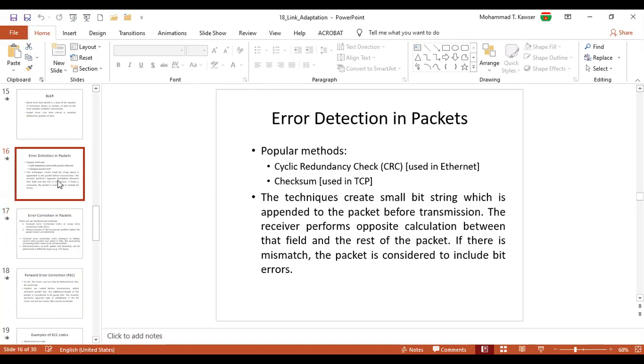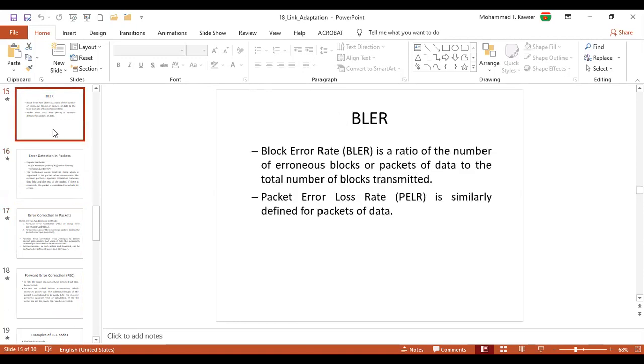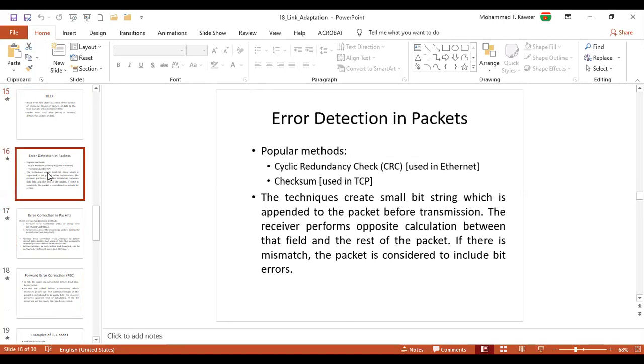You just find out which packets are in error. To calculate blur, you need to understand that some bits are in error. How can you determine that? Two common methods are the cyclic redundancy check, CRC, and checksum.